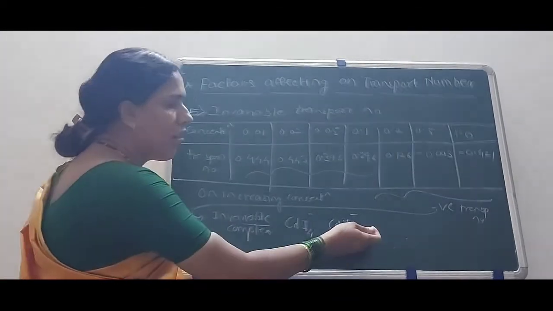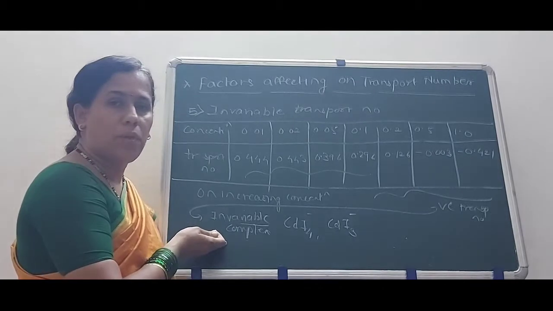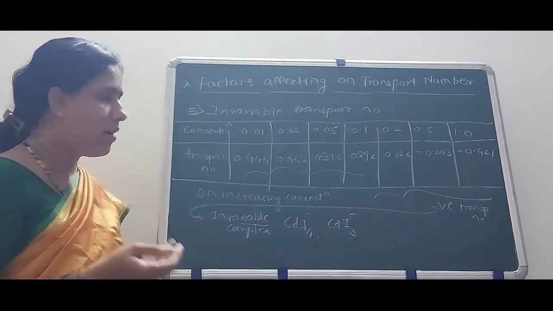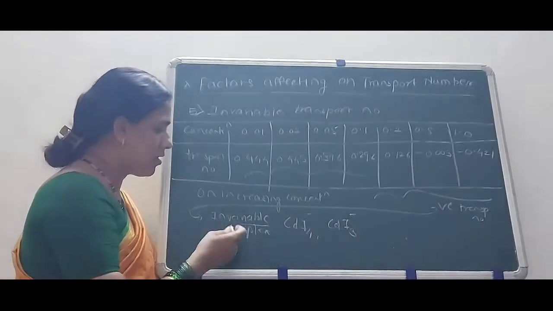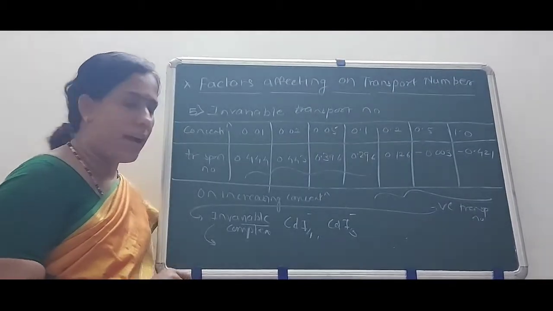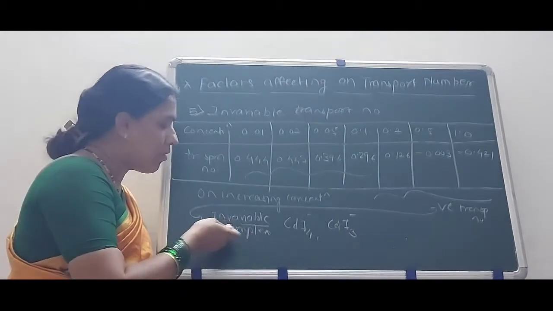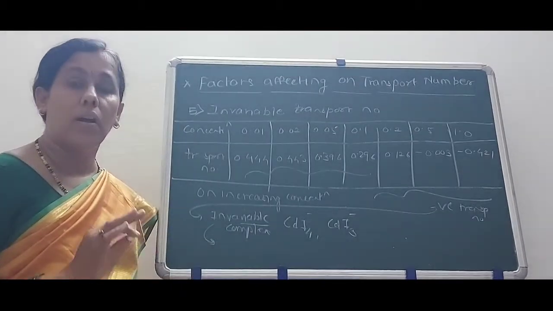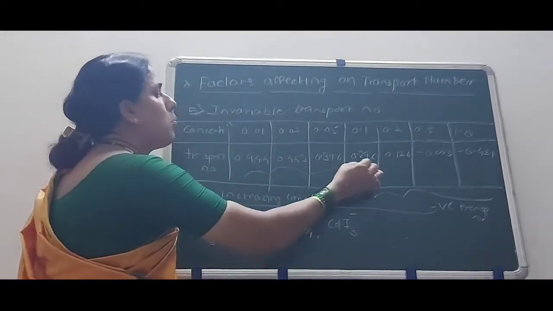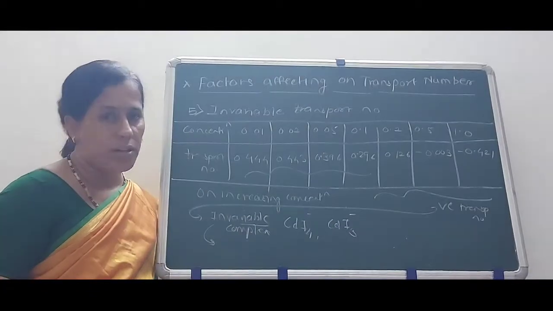What is the remedy for such a case? We have to decrease the concentration. But on decreasing the concentration, it should be noted that there is formation of a variable complex, and only then is there a decrease in positive transport numbers.